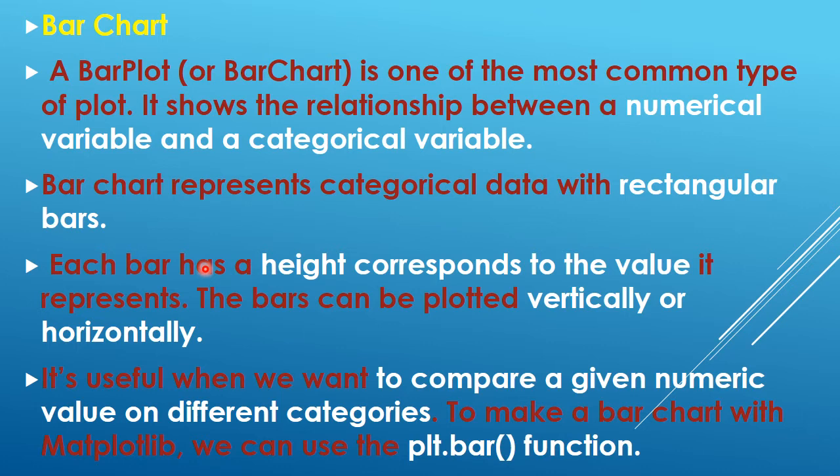So if we want to compare five values, we can show which one is highest by the height of each bar. The bars can be plotted vertically or horizontally. It is used whenever we want to compare a given numeric value across different categories.